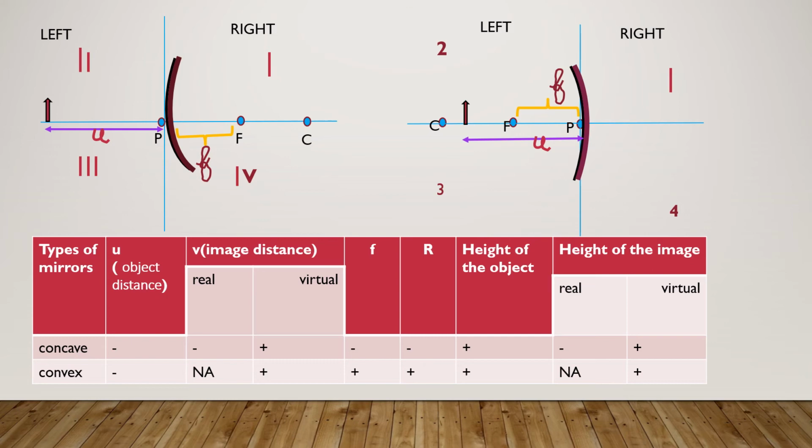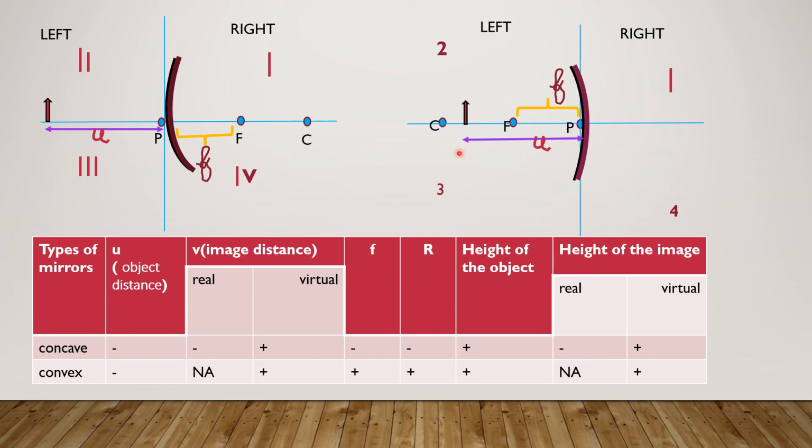Now this is the table. By looking at these and whatever has been told earlier, let us sum up in the form of a table. You can see that for concave mirror, u is always negative, and for convex mirror also u is always negative, because you are measuring this distance from the pole to the object.